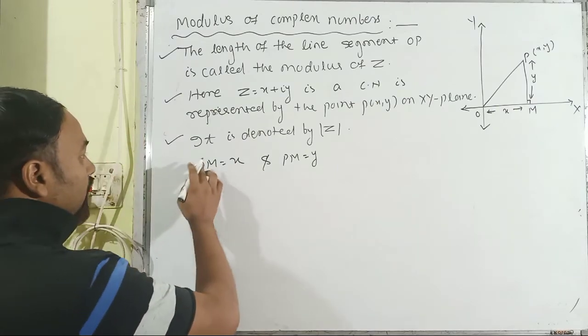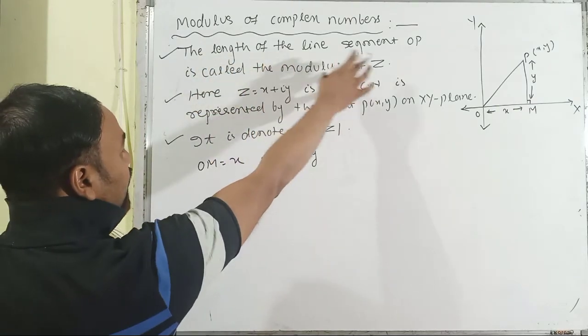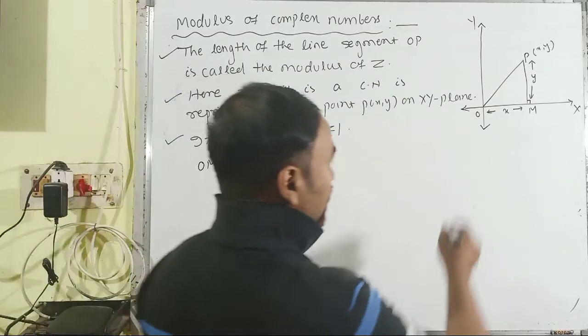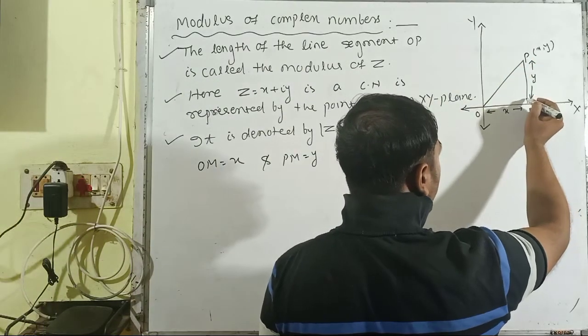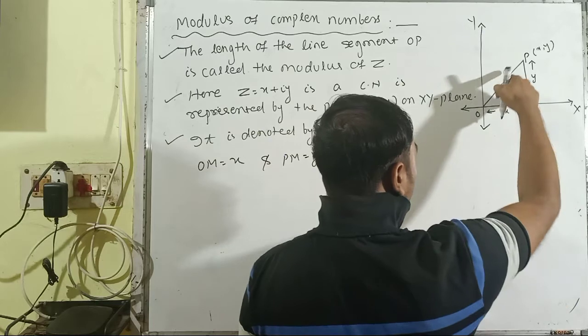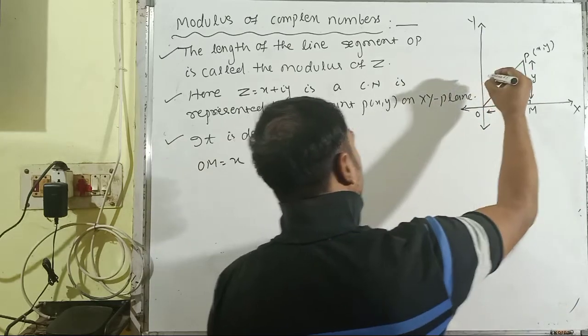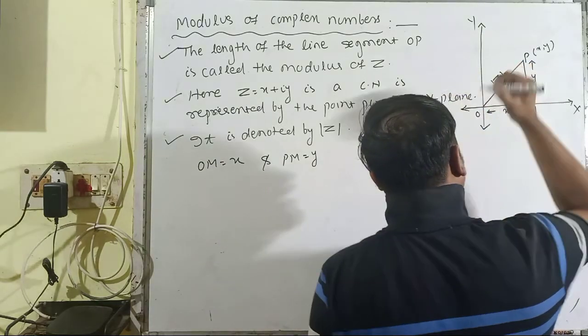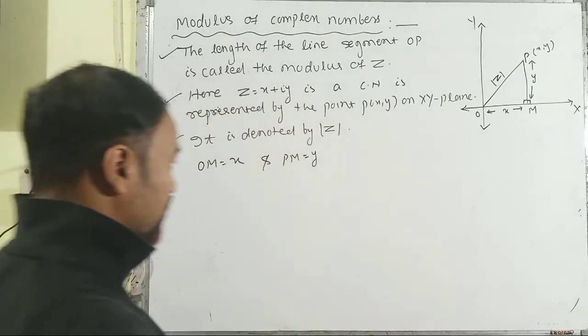So here the length of the line segment OP, that means in this right angle triangle OPM, the hypotenuse OP is called the modulus of the complex number and it is denoted by modulus of Z.